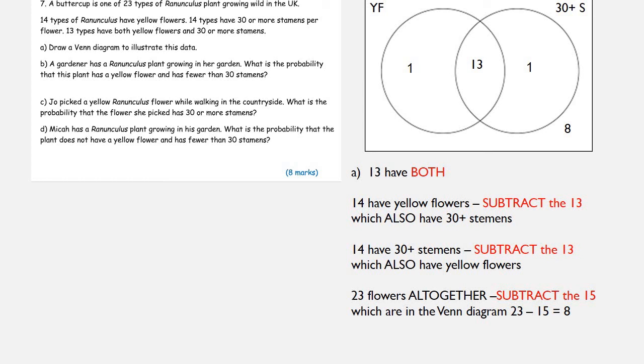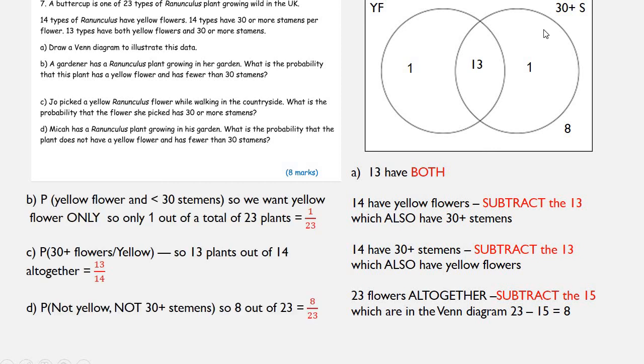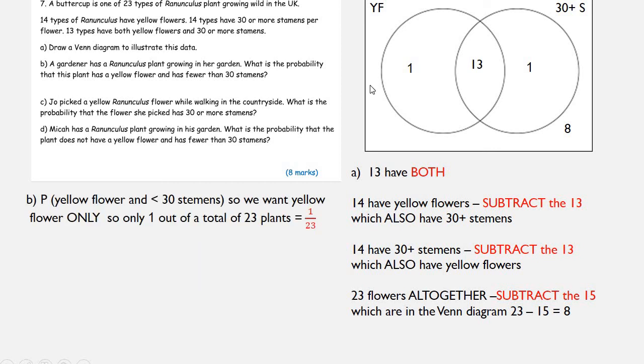Question B. If a gardener has a plant growing in her garden, what is the probability that this plant has a yellow flower and has fewer than 30 stamens? So, as already seen, there's only one plant which has a yellow flower but has less than 30, because these 13 all have 30 plus stamens. So, it's only going to be one out of 23 altogether.